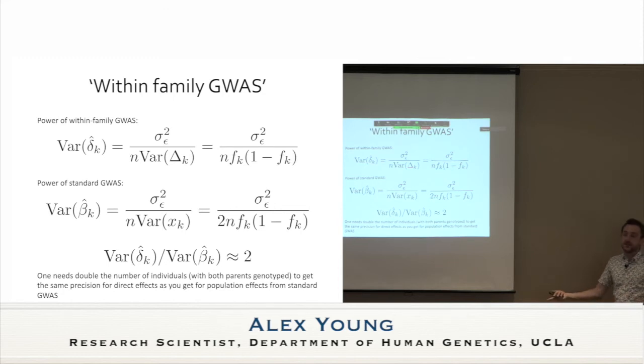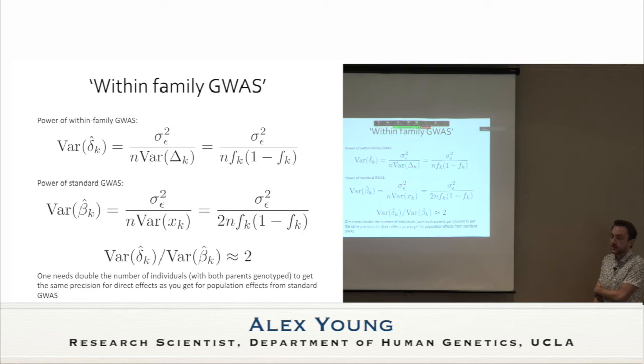And obviously with standard GWAS, you can use a huge sample of unrelated individuals as well. So you have a lot more power to discover genotype-phenotype associations. It's just a bias versus variance trade-off in some sense.